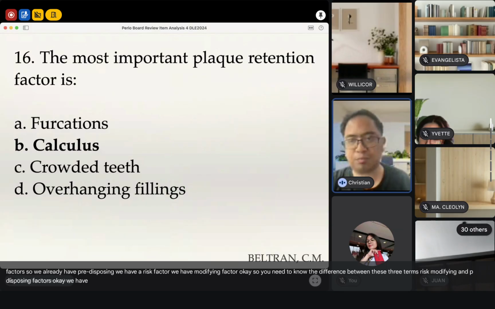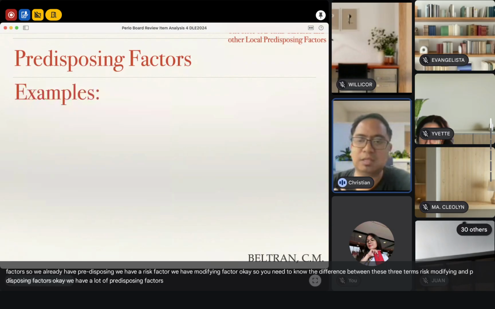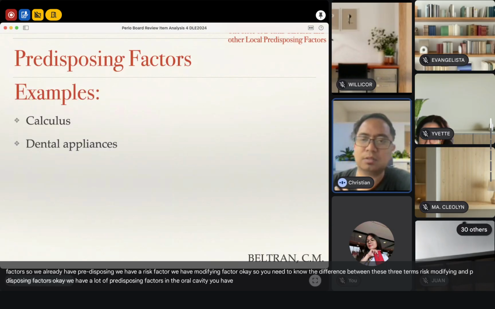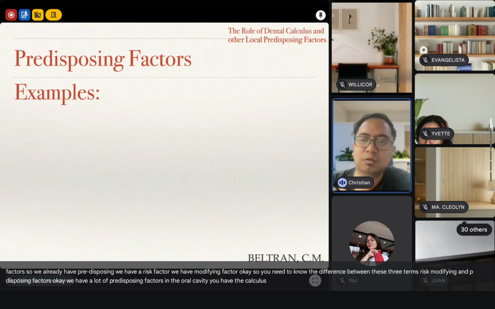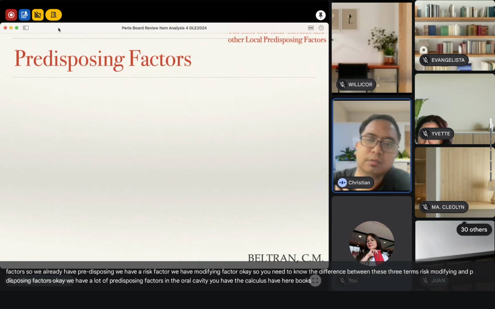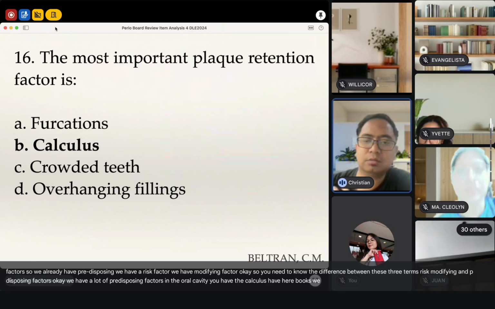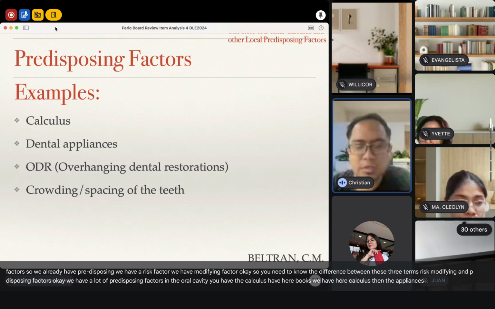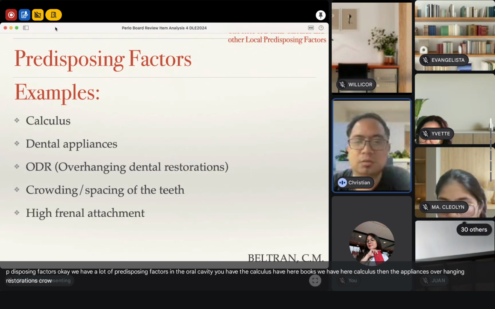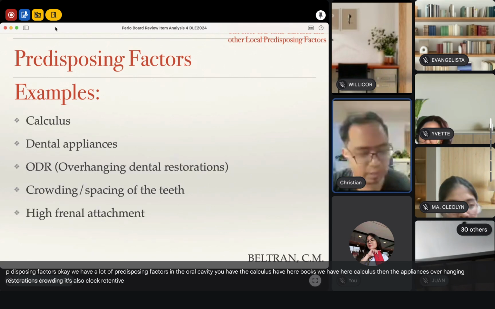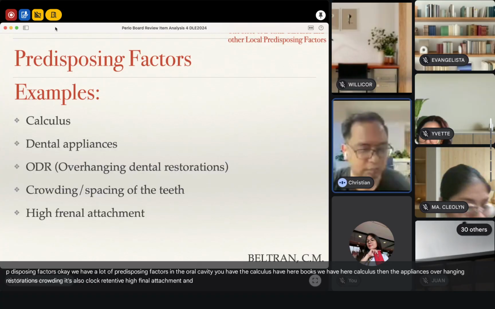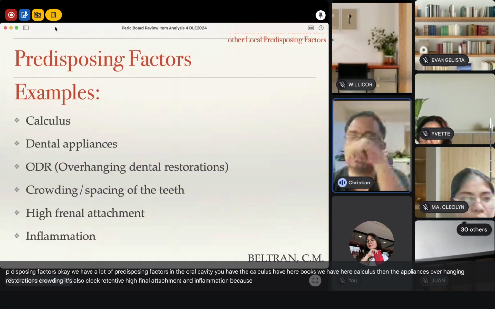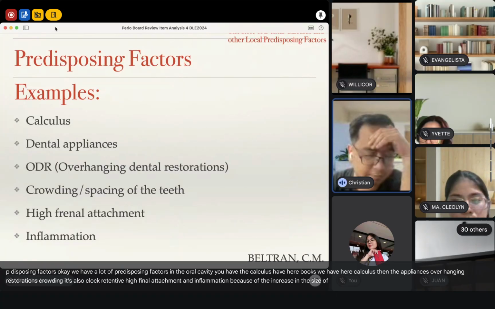Okay? We have a lot of predisposing factors in the oral cavity. We have calculus, dental appliances, overhanging restorations, crowding which is also plaque retentive, high frenal attachment, and inflammation because of the increase in the size of the gingiva.